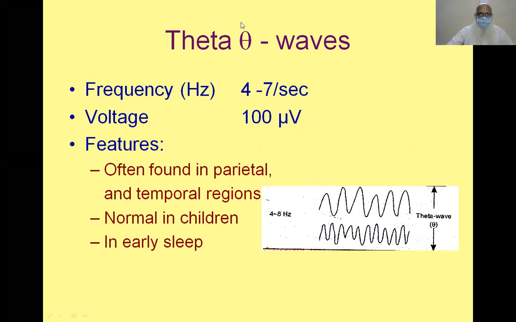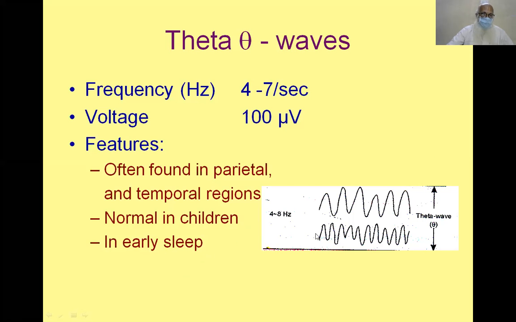Then theta waves, here they are much bigger than the alpha waves, and the frequency is less. So voltage is more, 100 microvolts or more, and frequency is about 4 to 7. And then often found in the parietal and temporal regions, particularly in the children, and during early sleep.